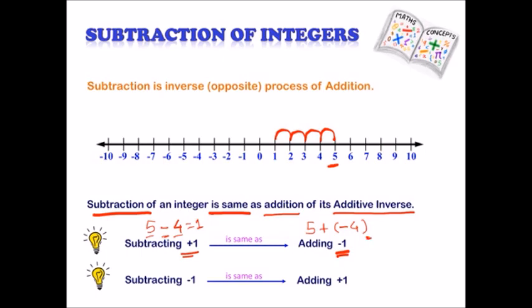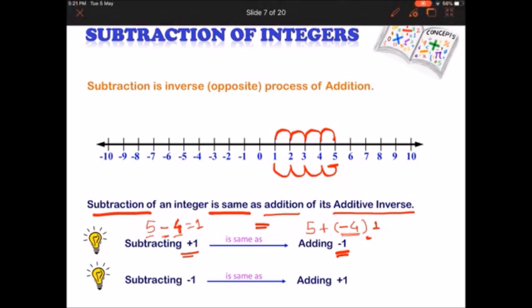For addition of integers also we know when we are adding negative number we move towards left on the number line. Again we take 5 and move 4 places to the left, which gives us same answer, that is 1. This means 5 minus 4 is same as 5 plus minus 4. That is, we are actually subtracting a positive 4 from 5. It is same as adding minus 4 to 5.